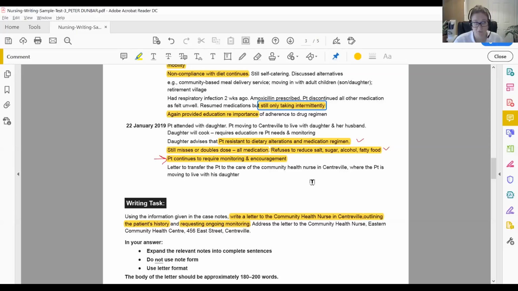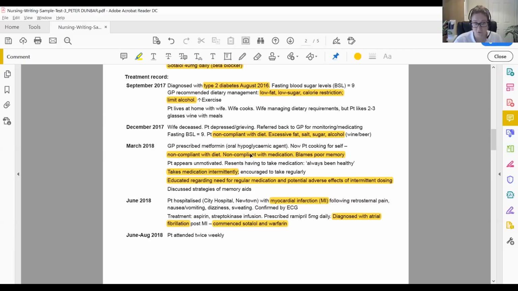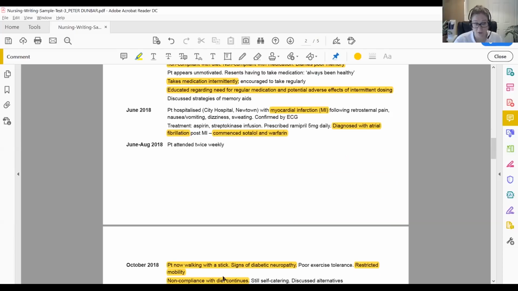He was diagnosed with diabetes in 2016, but since then he's been persistently non-compliant with his diet and with his medication. With his diet, he consumes high amounts of fat, sugar, and alcohol, and he's resistant to change, and he's non-compliant with his medication, blaming poor memory. He takes his medication intermittently and often double doses.